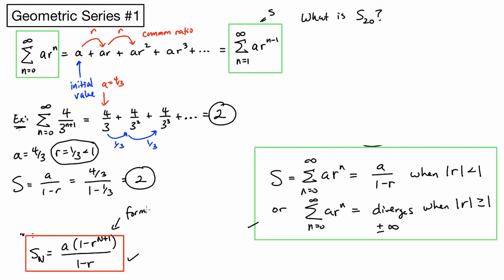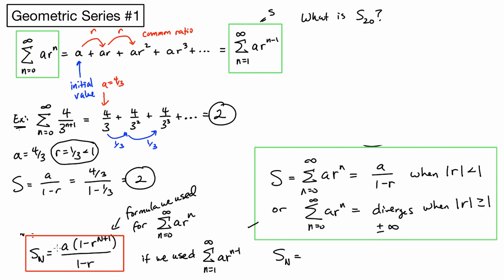This was the formula we used for this version of the sum. If I used a different version of the sum, so if we used this sum instead, what would the partial sum formula have been?